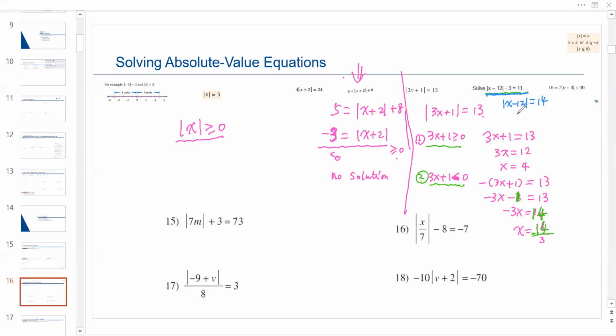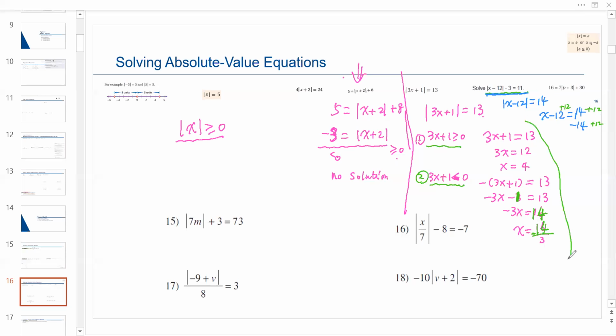So actually we can just break it down here. x minus 12 can be positive 14 or can be negative 14, right? So both sides plus 12.